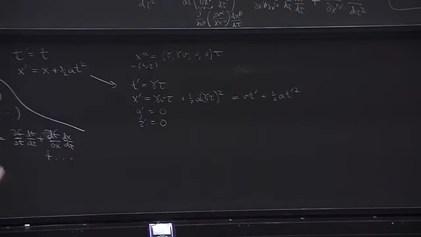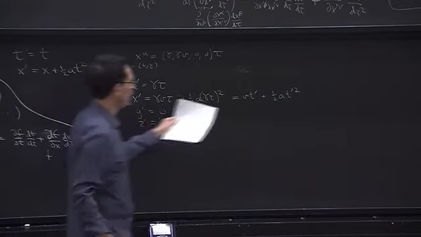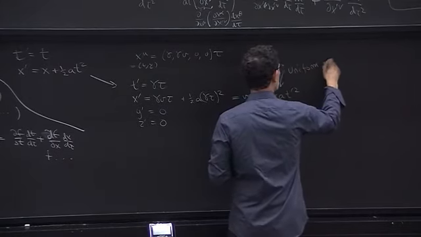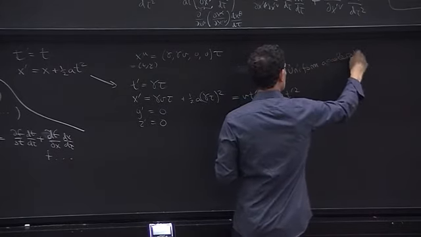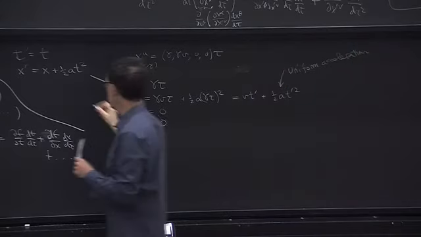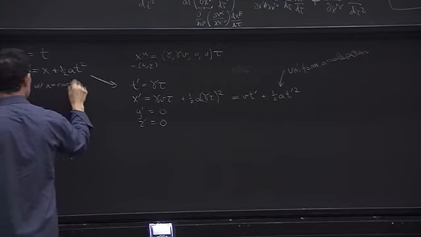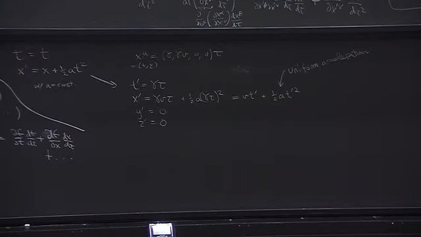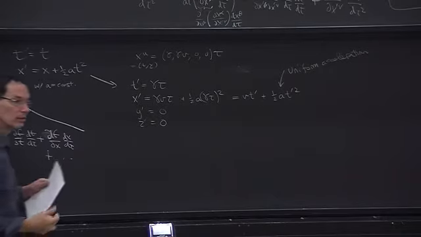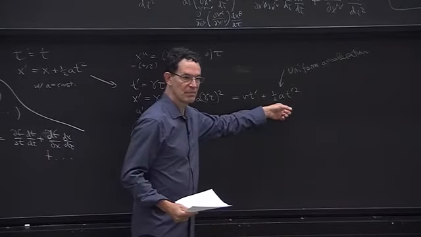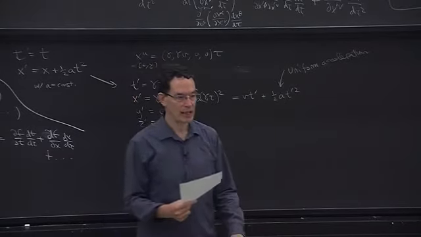So the particle in the primed coordinates is undergoing uniform acceleration. I should have said a is constant. So just by a coordinate transformation, I've made my particle accelerate. In this coordinate system, it's accelerating. This looks like there's some force acting.